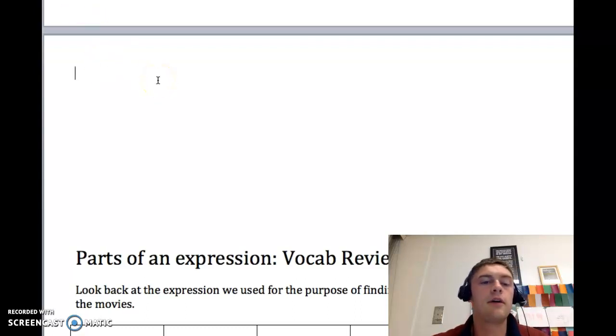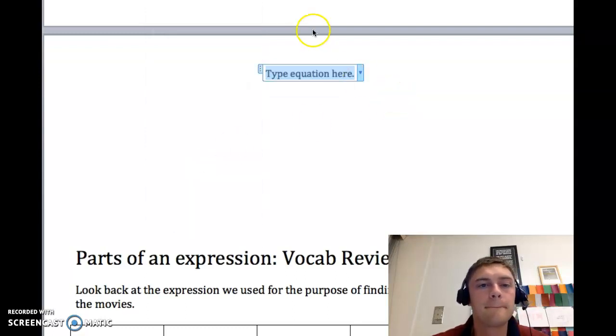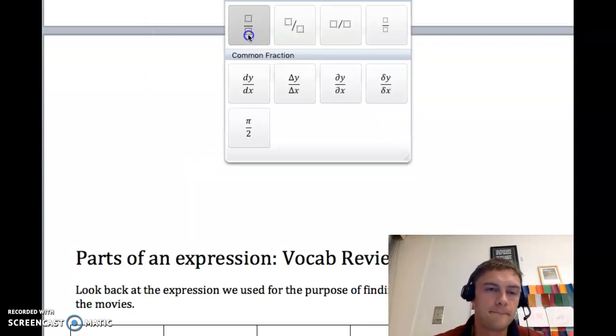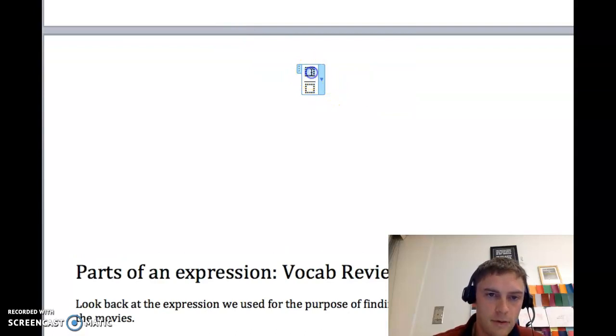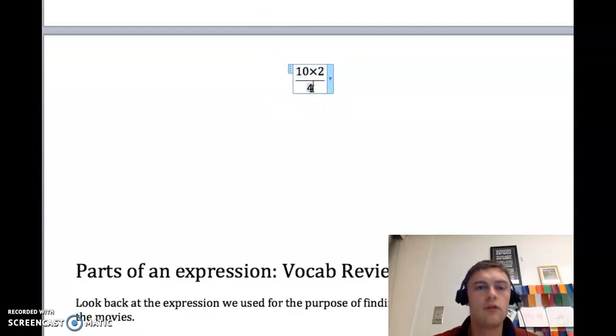I want you to write down the fraction 10 times 2 over 4.